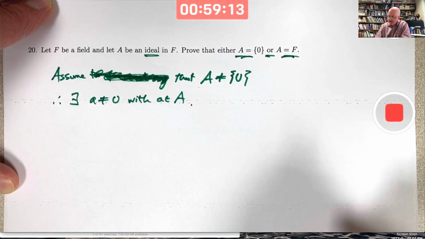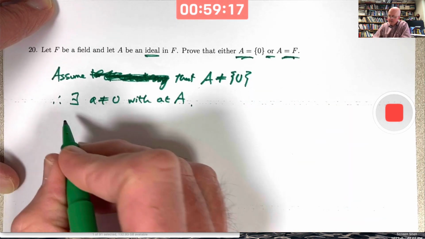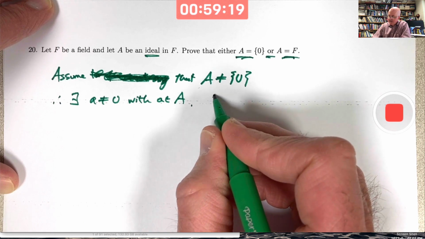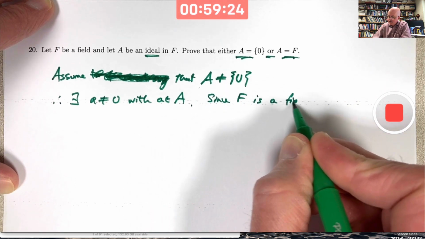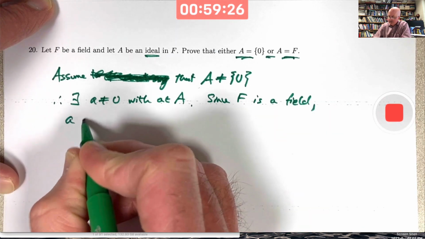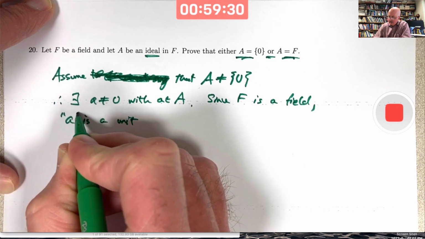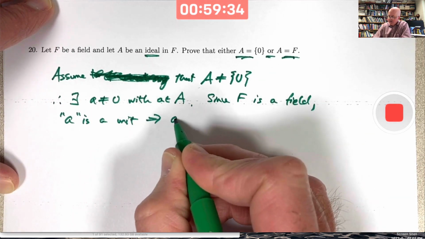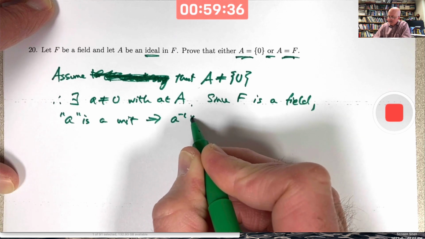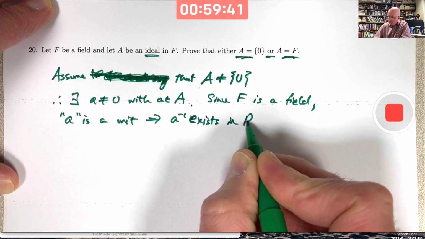And since F is a field, a has to be a unit. The element a is a unit, which implies a inverse exists in the ring.